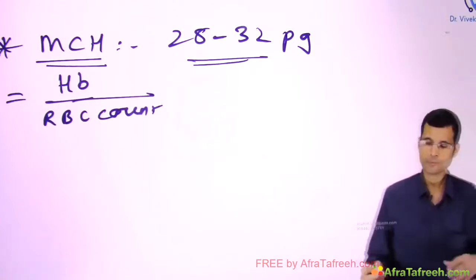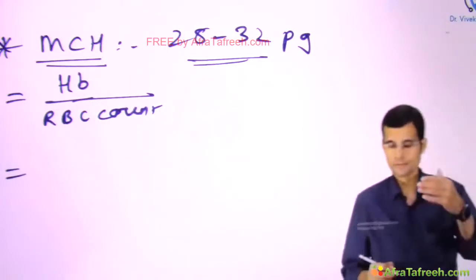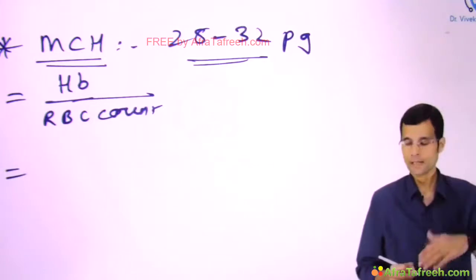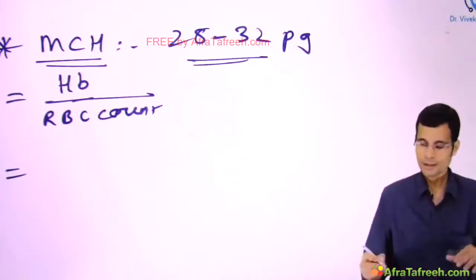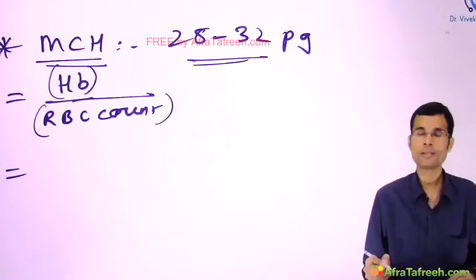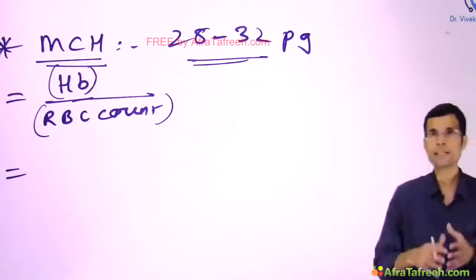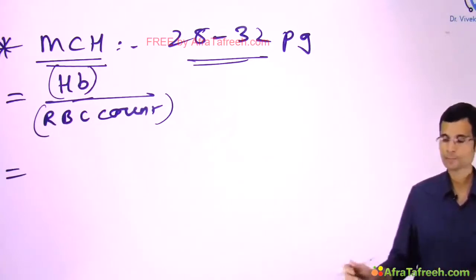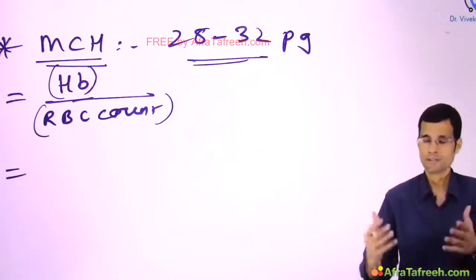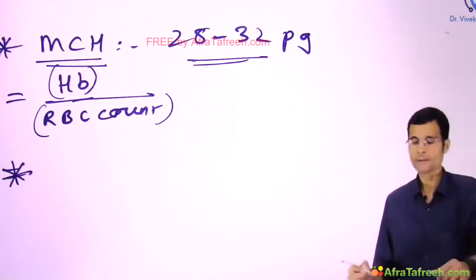Take a blood sample, take the RBC count of that sample and the hemoglobin estimation. Then these many RBCs have this much hemoglobin, then one RBC will have how much? That's the mean corpuscular hemoglobin. In iron deficiency anemia, even this would be decreased.